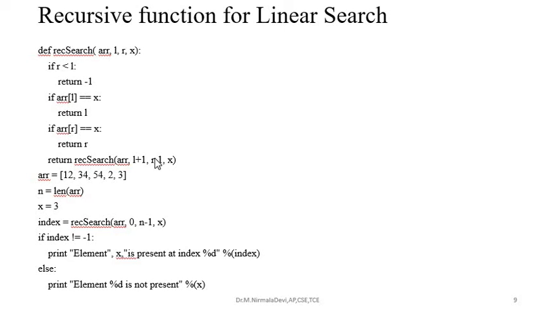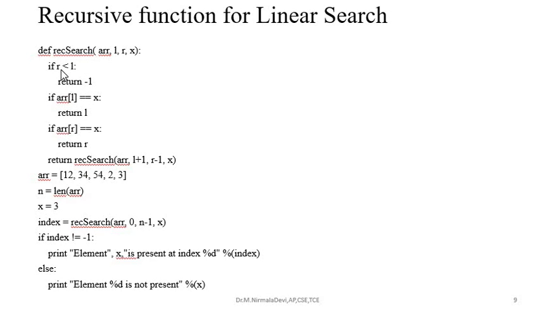So the last index will be decremented and the beginning index will be incremented. This process is repeated till the last index is less than the beginning index. When this condition comes, the process is terminated and it returns -1.